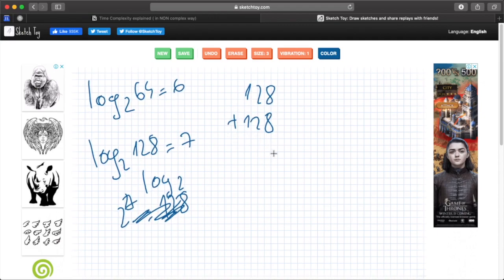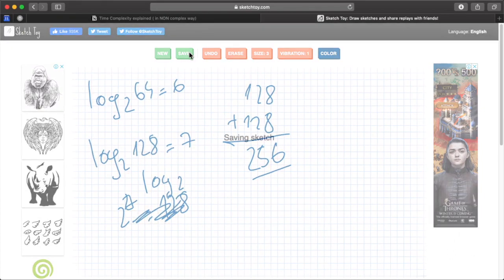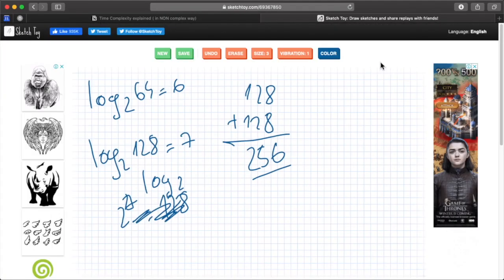And by the way, I love writing on this tablet. Even writing this is satisfying. So this is the next number. I completely forgot. 256.